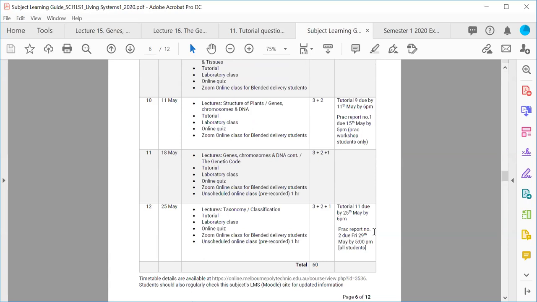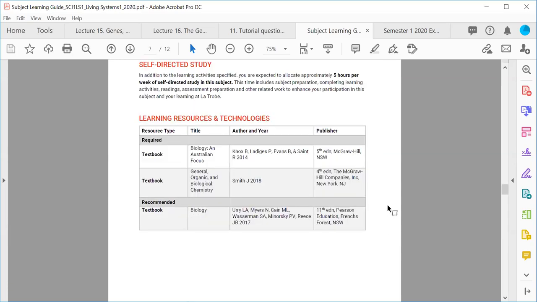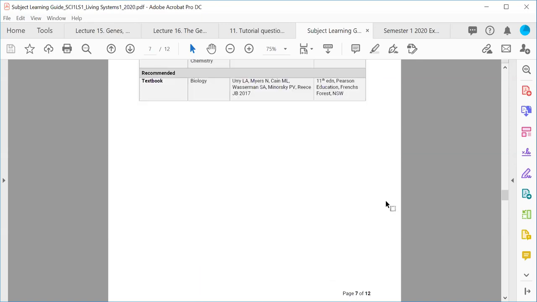And here's your final prac report. Prac report number 2, acid-base titration, is due on Friday the 29th, the last day of semester. So they're your remaining 2 assessments apart from the final exam.